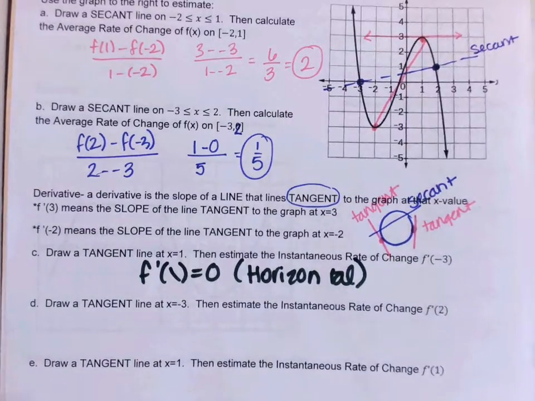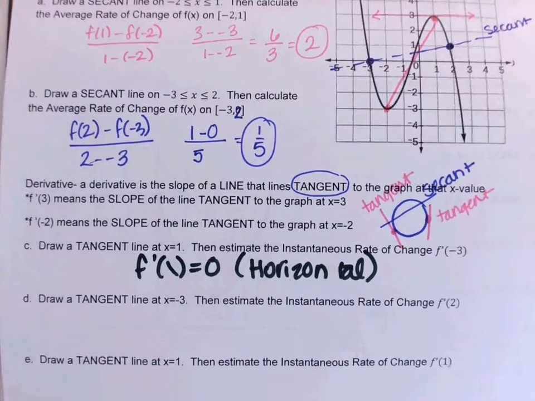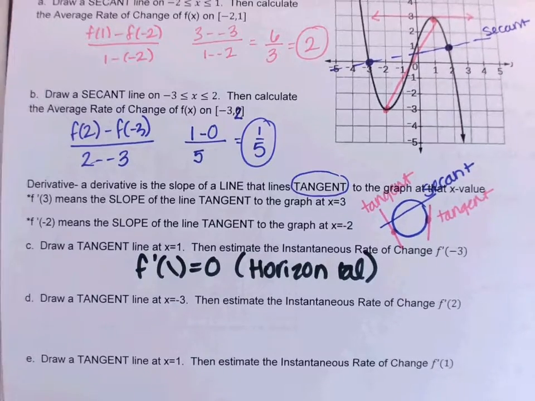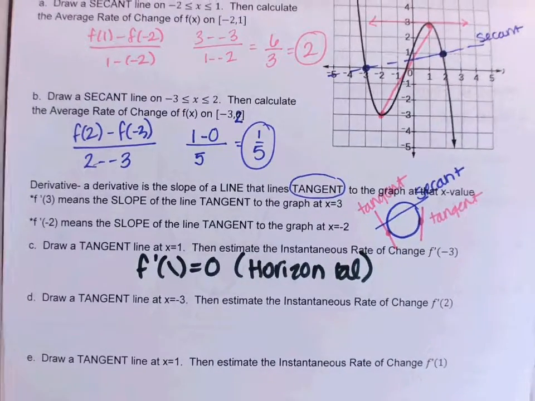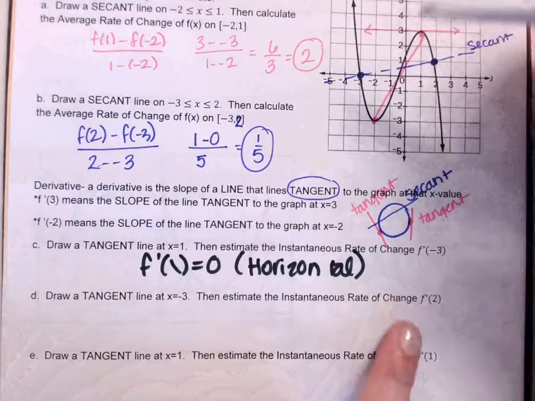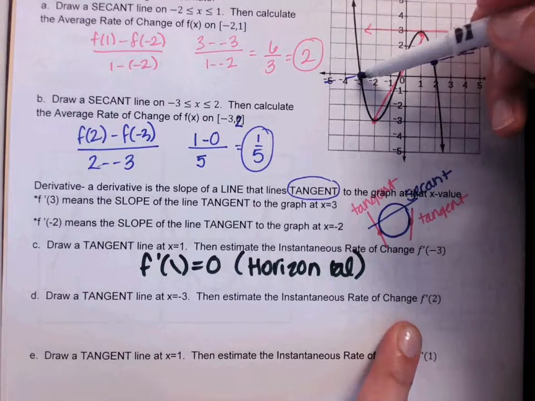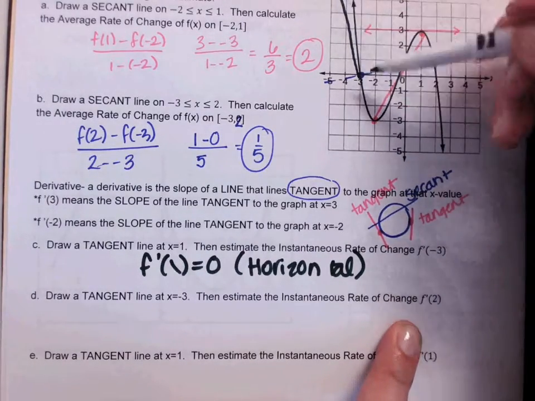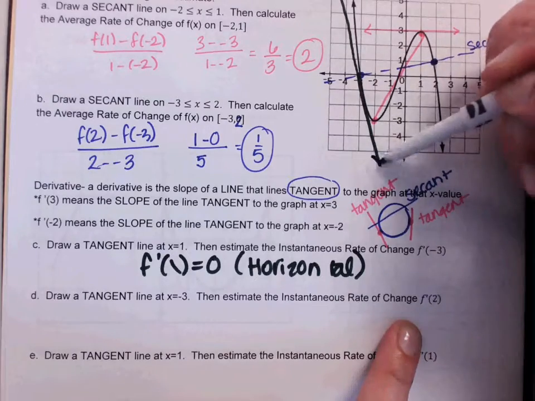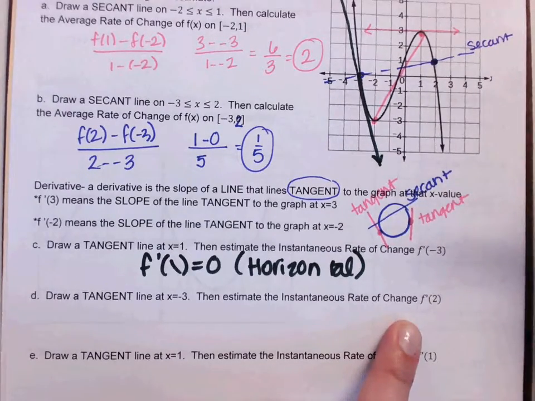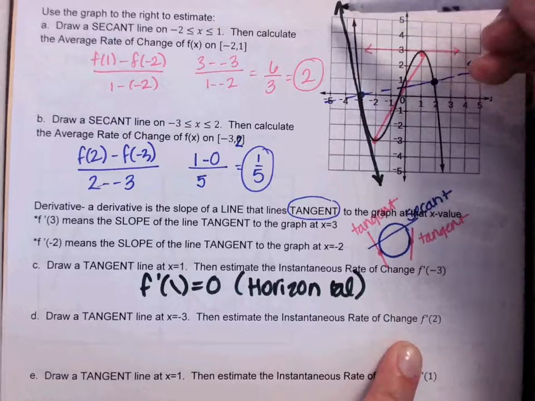Okay, go down to letter D. Next, we're going to do a tangent line at -3. So go to -3 on the graph. That's right here. And I'm going to draw as best as I can a line that's going to match the same slope as my graph at -3. So I drew it right here.